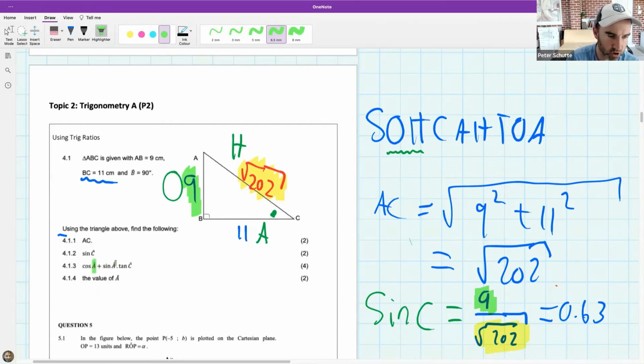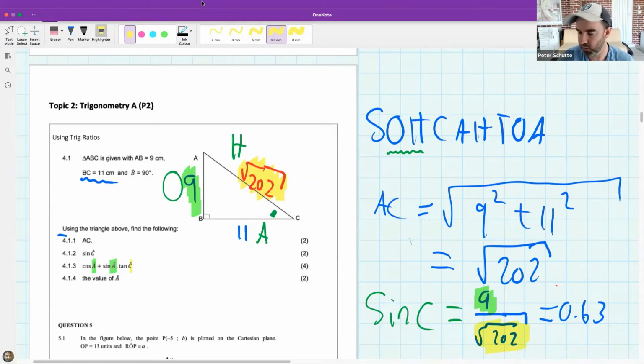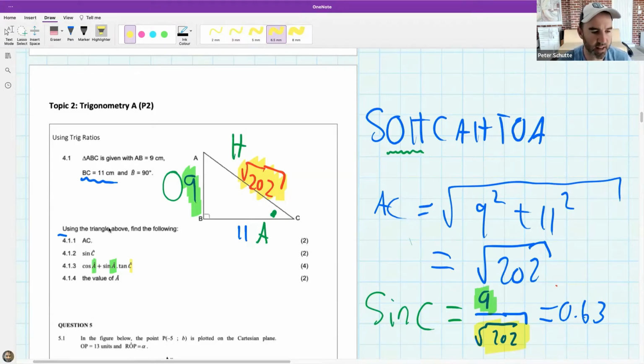So it's asking for the cos of A here and the sine of A there, but it's also asking later on for the tan of C. I want to see what you can do to get there. If you're confused, I'd love to have a conversation with someone. If you put your hand up and ask a question, I will unmute you. But for now, I'd like everyone to attempt 4.1.3.